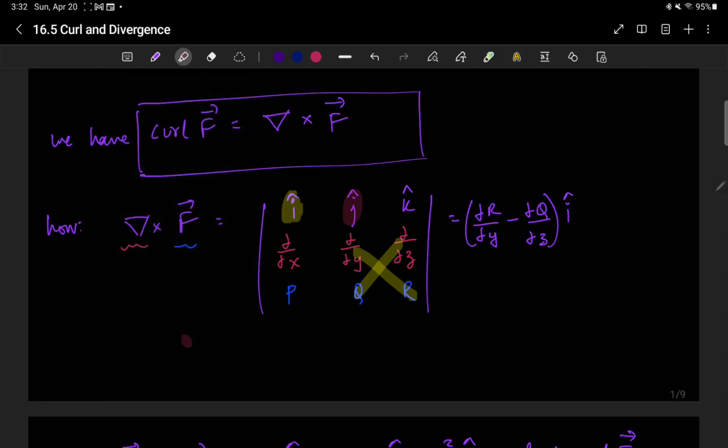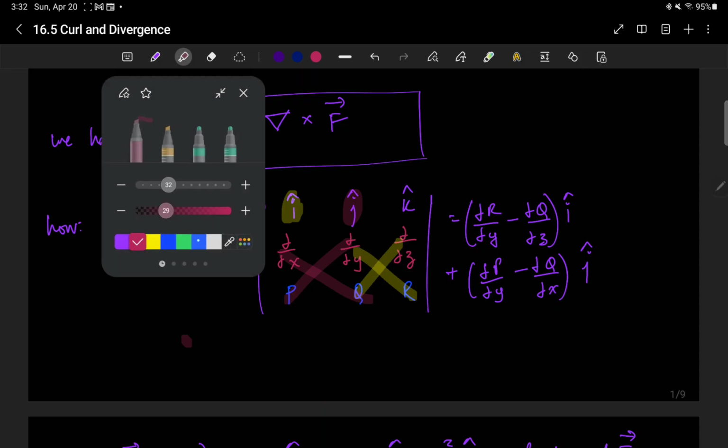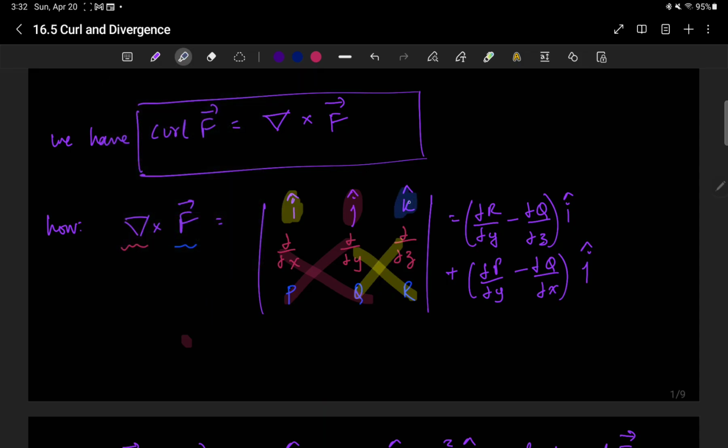Similarly, when you're working with j cap, it's going to be cross of these vectors. So for j cap, I'm going to have del P over del y minus del Q over del x, j cap. And then lastly, for k cap, I made a mistake. The j cap one is wrong. I'm going to delete all of these.